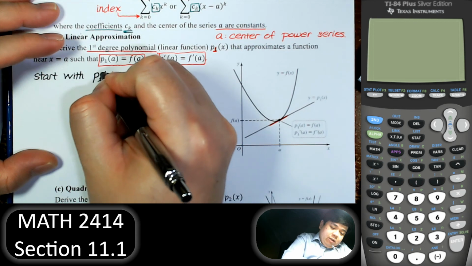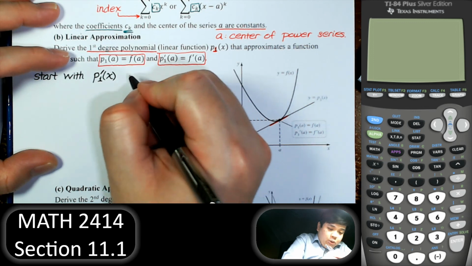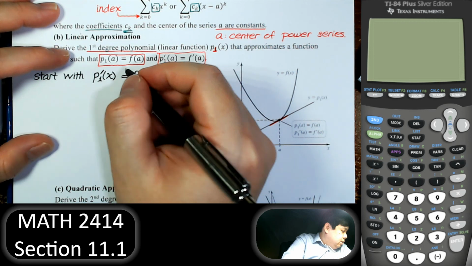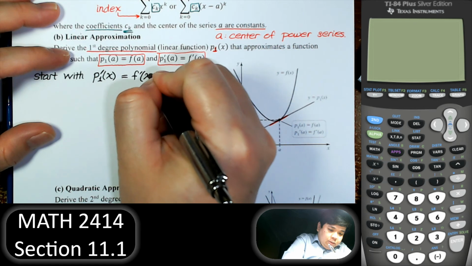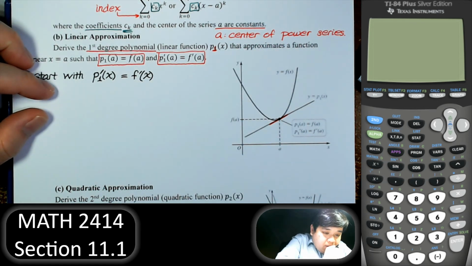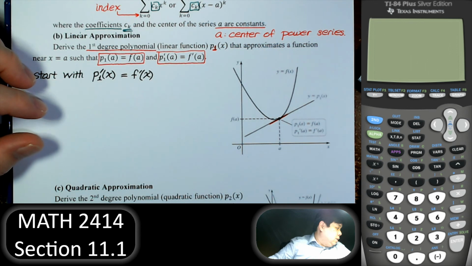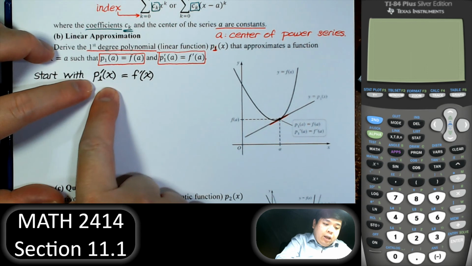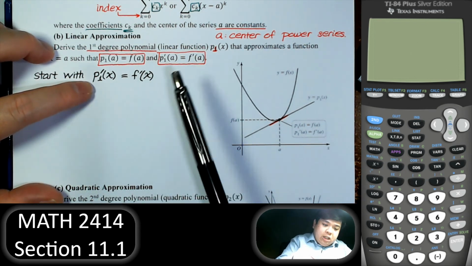The derivative of P1 is equal to a constant.